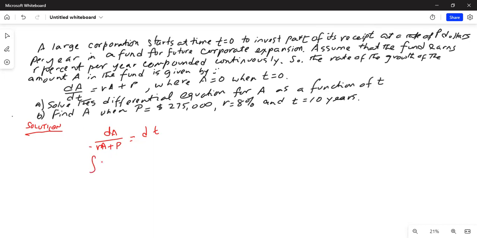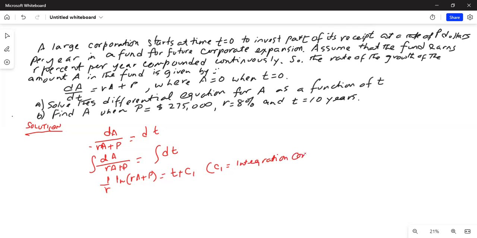So integrate dA divided by RA plus P is equal to the integration of dt, or 1 over R ln(RA plus P) is equal to t plus C1. C1 is an integration constant.